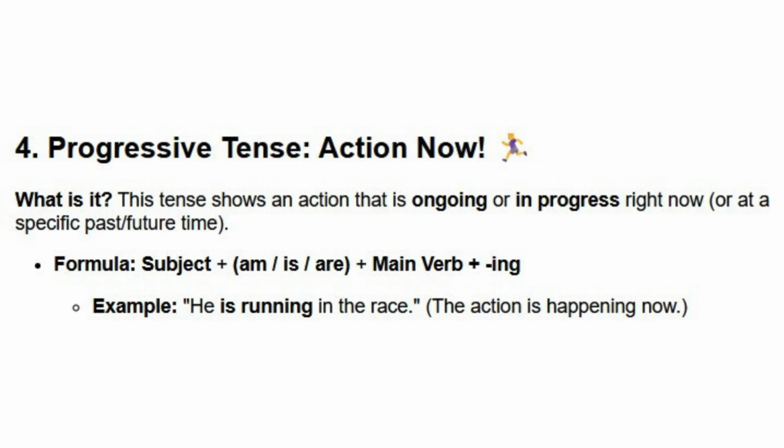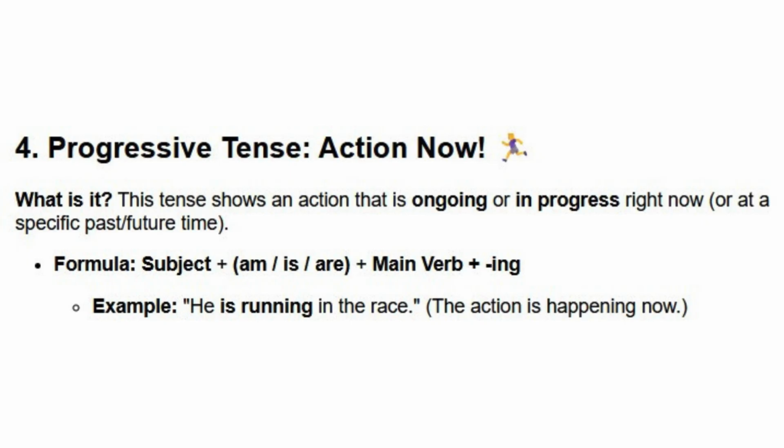My mother always bakes bread on Fridays. So for this one, the correct answer would be, my mother is baking bread, because bakes becomes baking. And we add the word is to tie it all together. My mother is baking bread, meaning she's doing it right now.